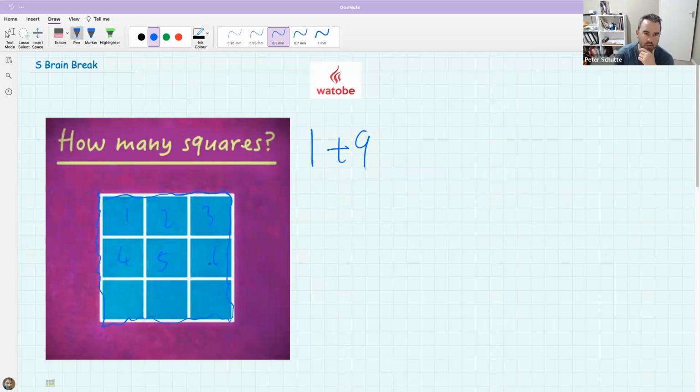But there are a few more sneaky ones hiding in there. I'll give you one hint. I can see a square there, and I can see a square there. And I can see a square there, and I can see a square there.